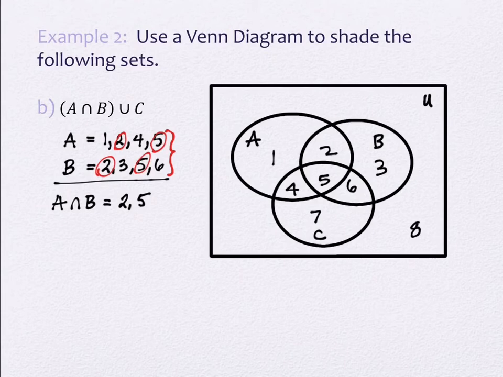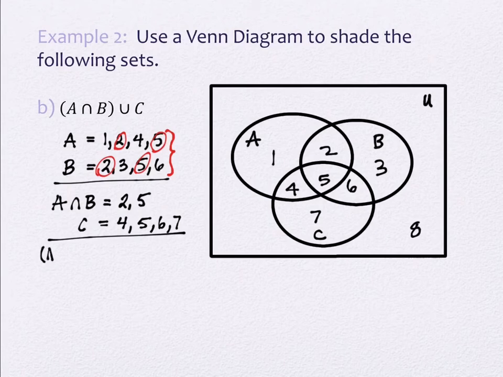Moving to the outside of the parentheses, I have set C. What numbers are in set C? 4, 5, 6, 7. And how am I told to relate A intersect B with C? Union. So again, use the work you just did. Don't recreate the wheel by looking at your picture.